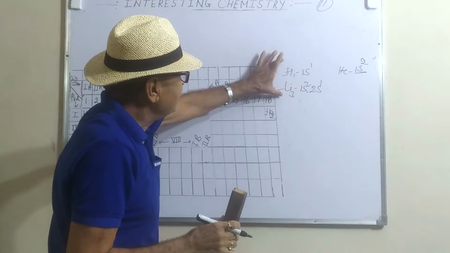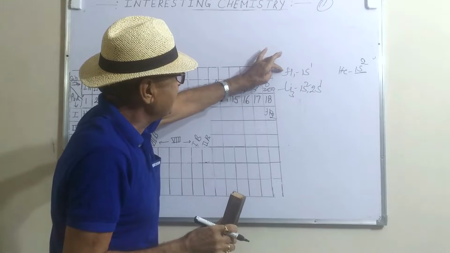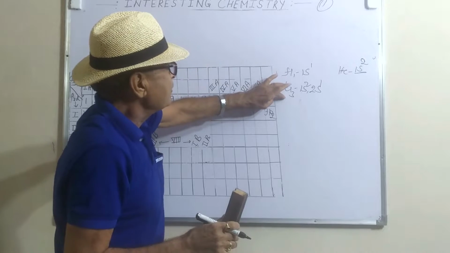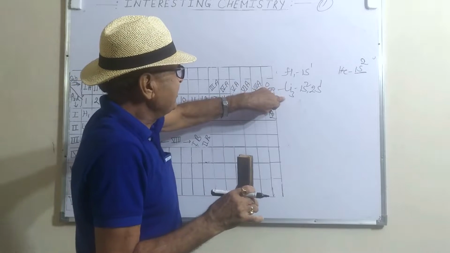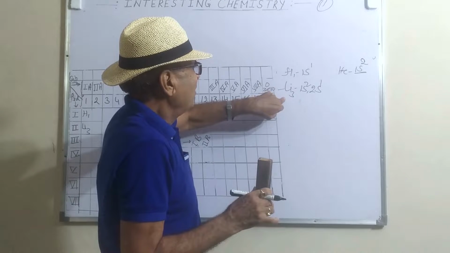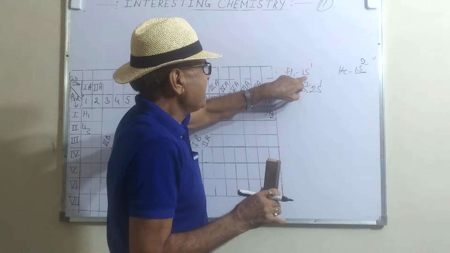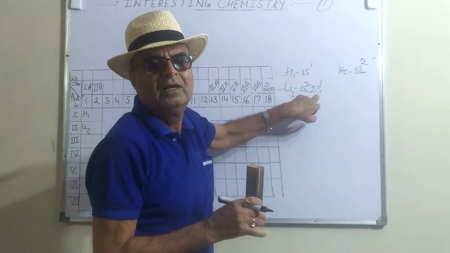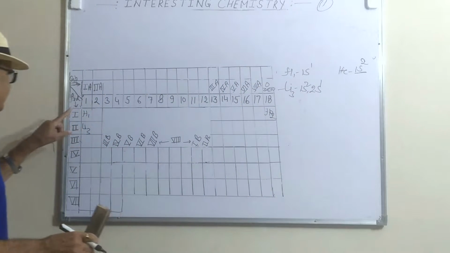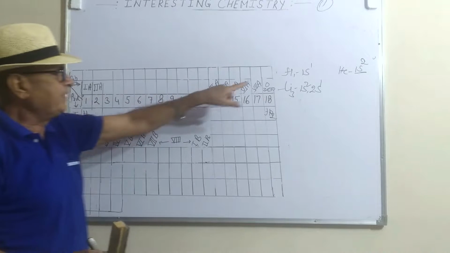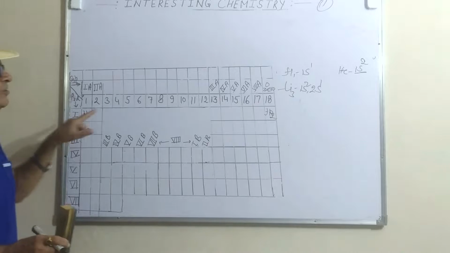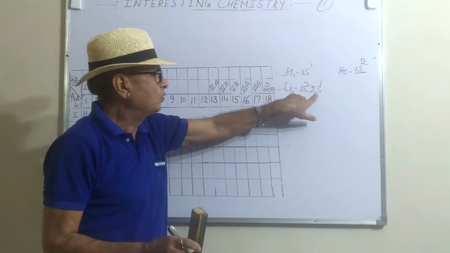So there is a similarity in the electronic configuration of hydrogen, helium and lithium. The last entering electron occupies the s orbital. In the first period it is 1s, and in the second period it is the 2s orbital, 2s1.